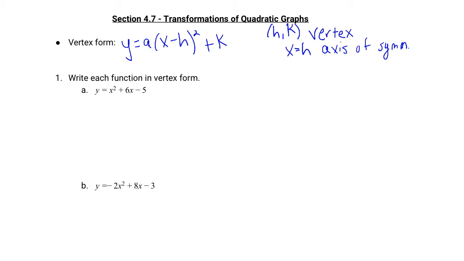Now, when we get started here, we're going to use a whole lot of completing the square. So what I'm going to have you do first is make where it says y, we're going to make that 0. So 0 equals x squared plus 6x minus 5. Now, remember, for vertex form, we want to move the constant to the other side.